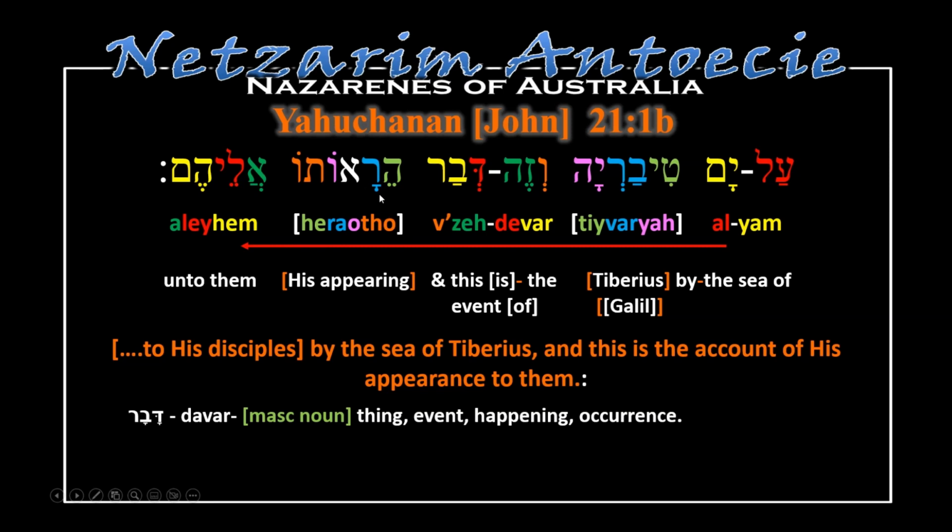And then we have heraoto, his appearing. Alehem, unto them. So we read, to his disciples by the Sea of Tiberius. And this is the account of his appearance to them. So the account can be the happening, the event, the occurrence.